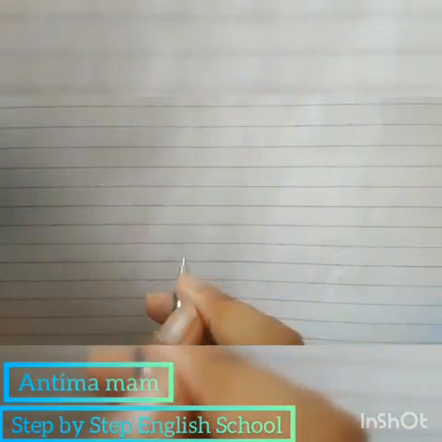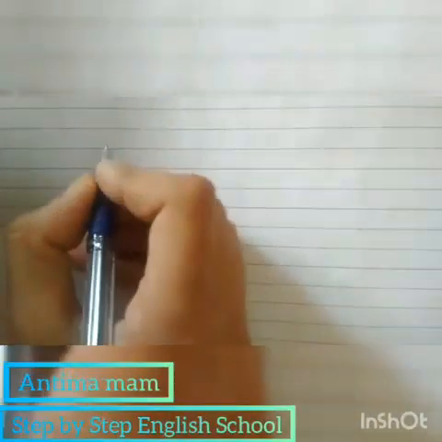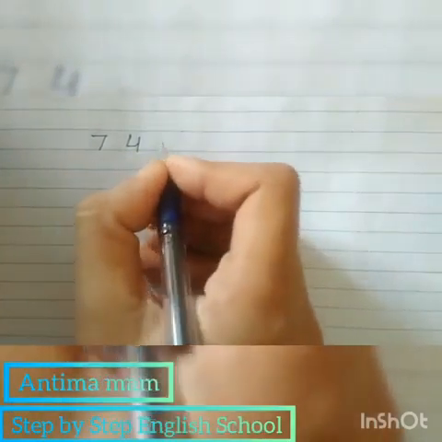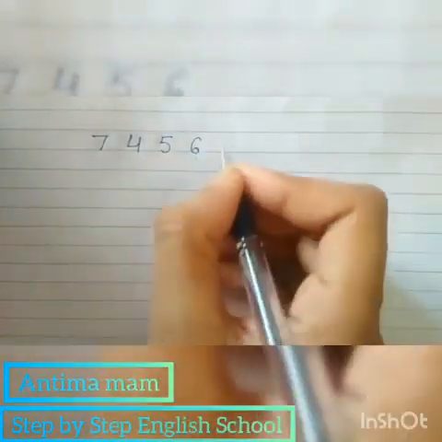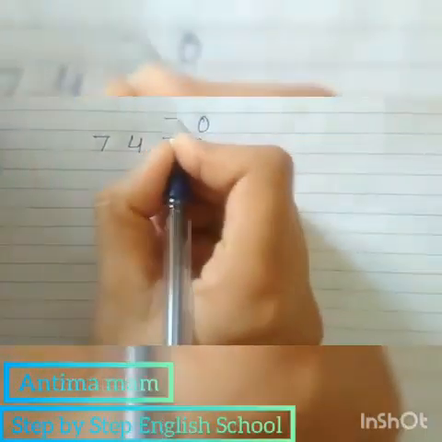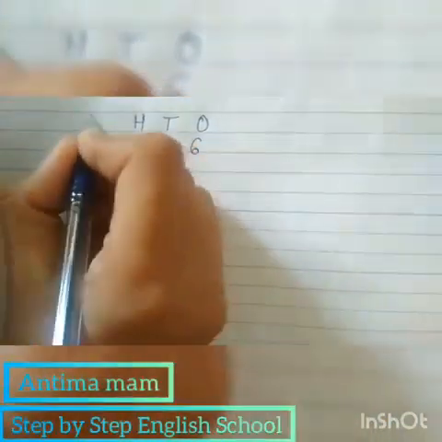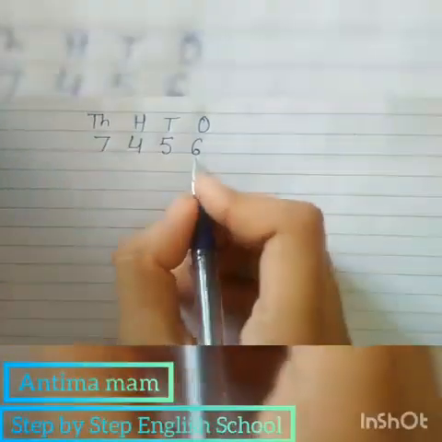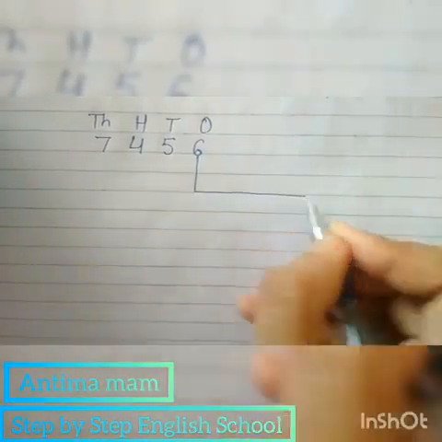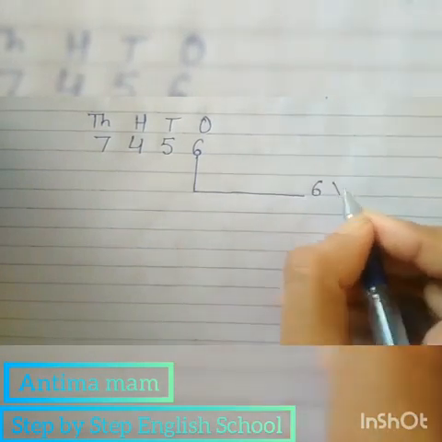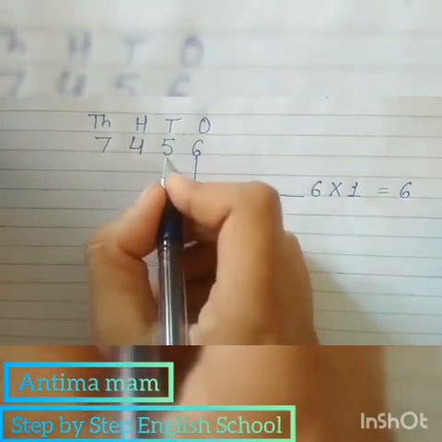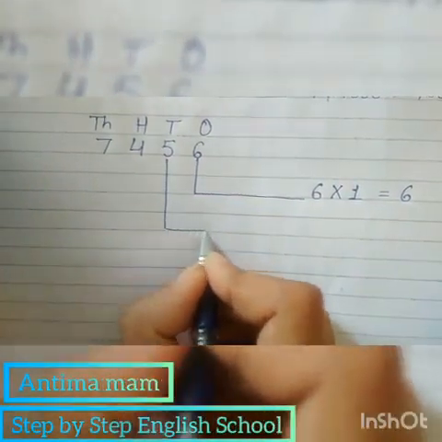Now we will solve next example. Our digit is 7456. Its place is ones, tens, hundred, thousand. Place of 6 is ones. So 6 multiplied by 1 is equal to 6. Place of 5 is tens.